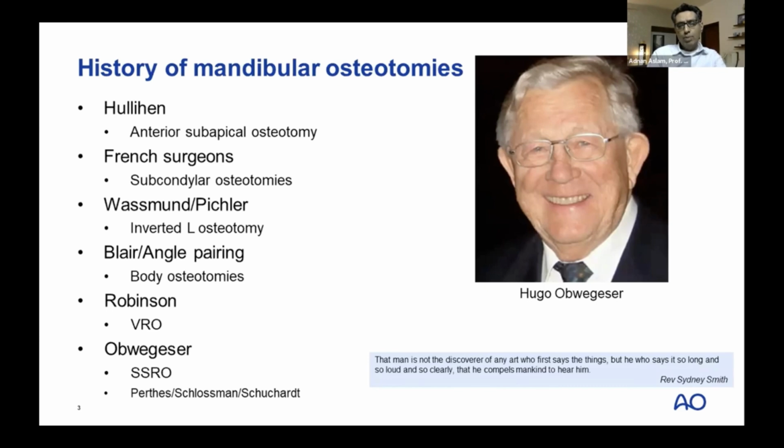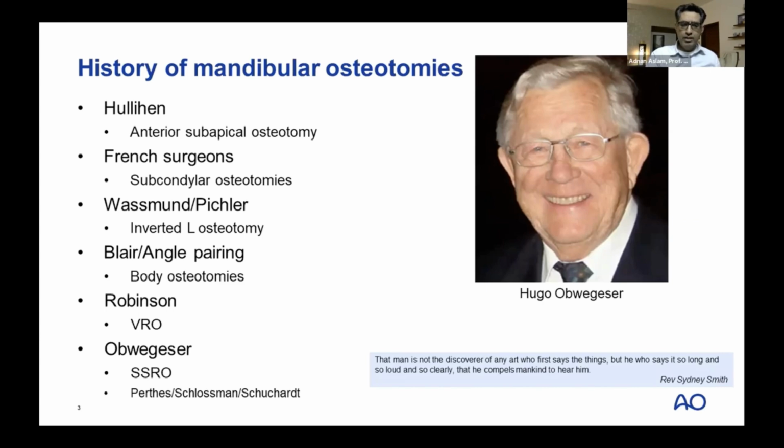The more proper ramus osteotomy on the mandible was basically put forth by Vossmund, and this was the earlier part of the 20th century. Then came the inverted L osteotomy, which was more or less the same as the L osteotomy which is now used.